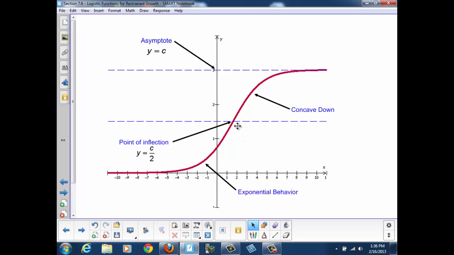So halfway through this graph, we have this point of inflection where our concavity changes from concave up to concave down.